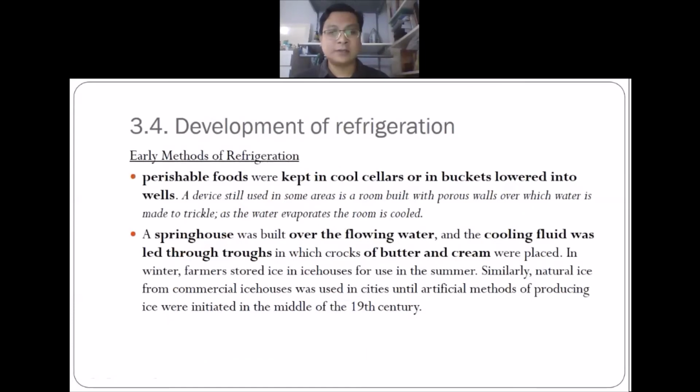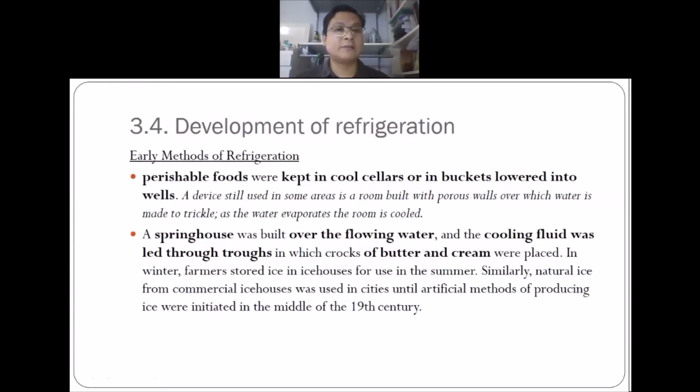Okay, now we are in subtopic 3.4, development of refrigeration. Early methods of refrigeration: perishable food was kept in a cool cellar or in buckets lowered into wells. A device still used in some areas is a room built with porous walls over which water is made to trickle.